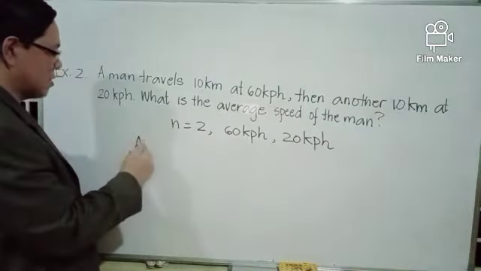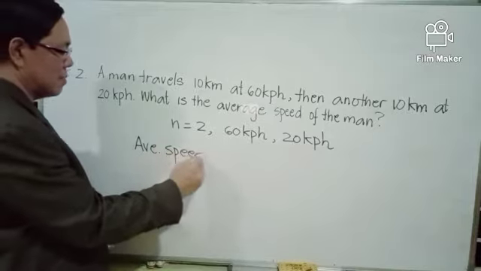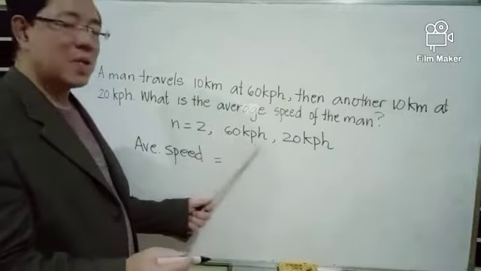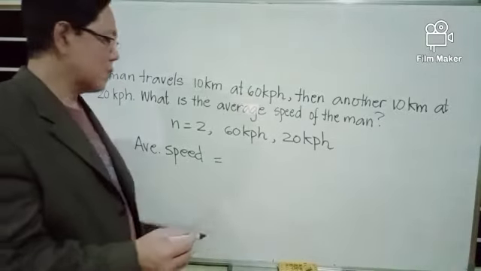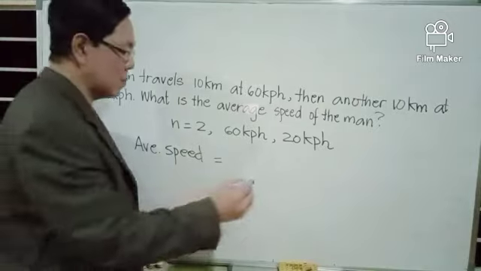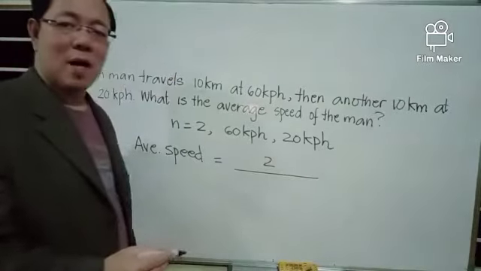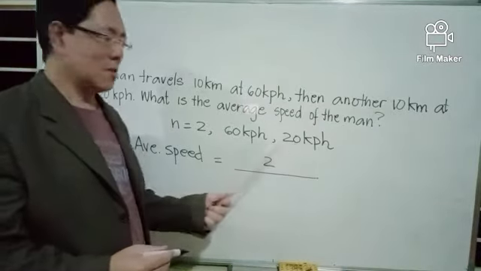And the average speed of the man is the harmonic mean of these two speeds. Harmonic mean is equal to the number of values, 2, divided by the sum of the reciprocals of these two speeds.